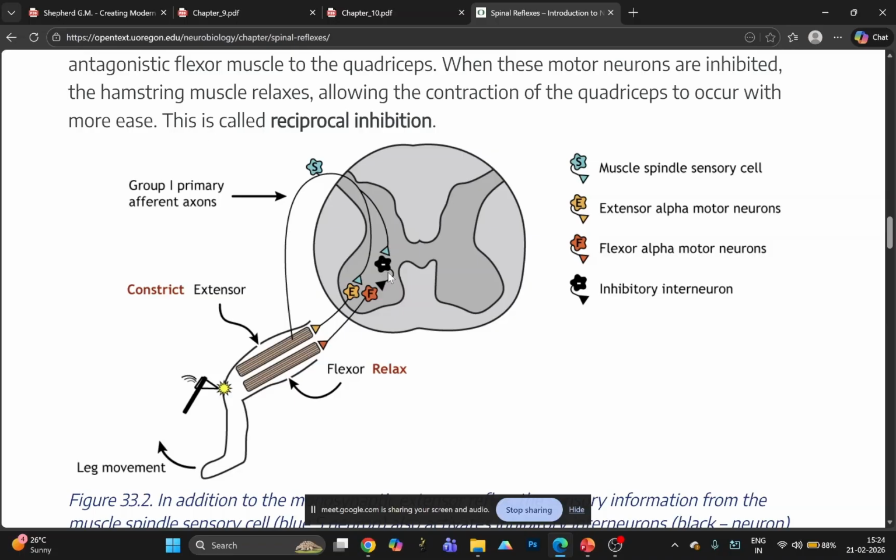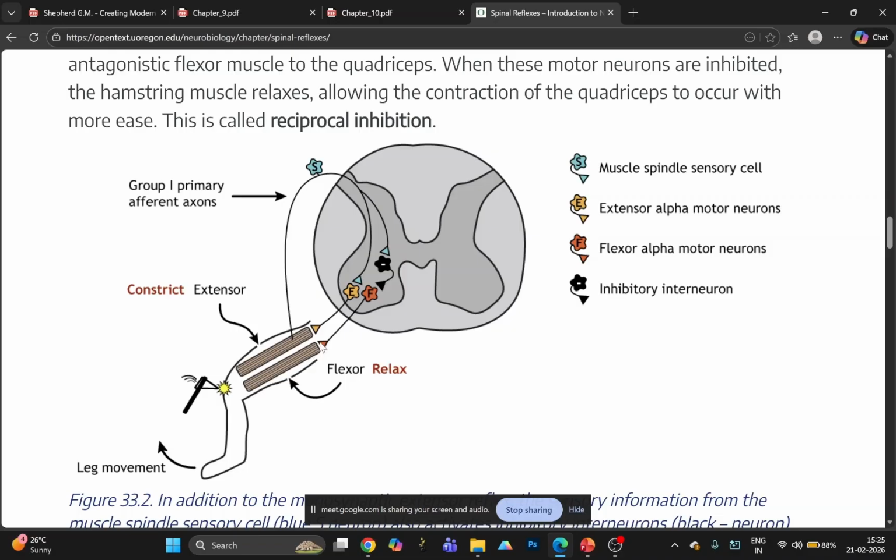These interneurons, it may be one or several, will in turn release, for example, an inhibitory neurotransmitter like GABA. They will inhibit the motor neurons that synapse with the antagonist muscle, in this case the hamstring. So these interneurons will inhibit the alpha motor neurons of the flexor.